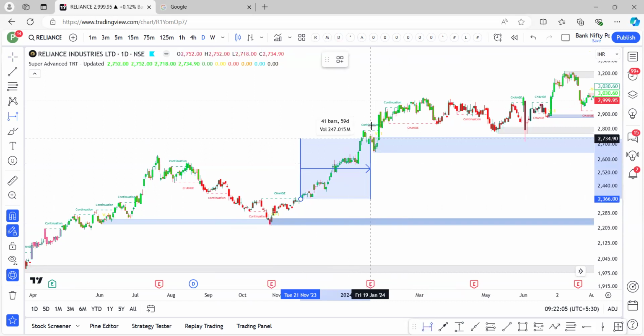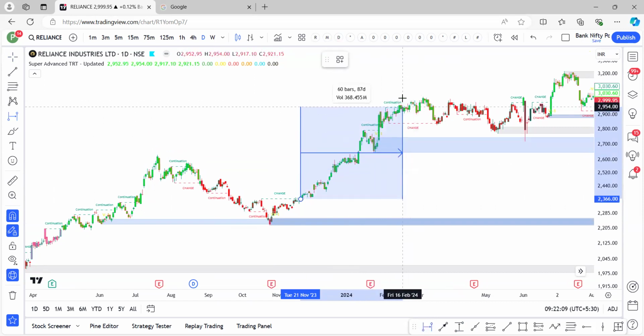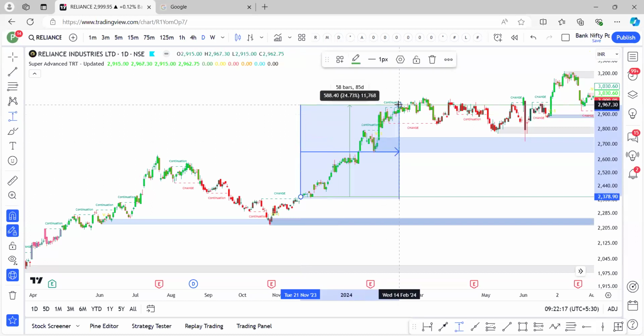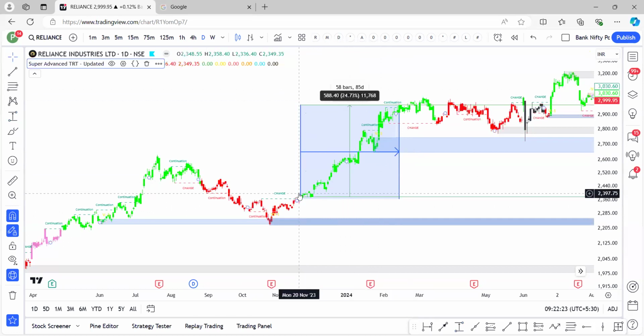For example, from here, if we see, this is around 84 days, 85 days. So suppose we exit and take the same entry in some other stock, we are saving 2% here and we are making 24% from this to this.